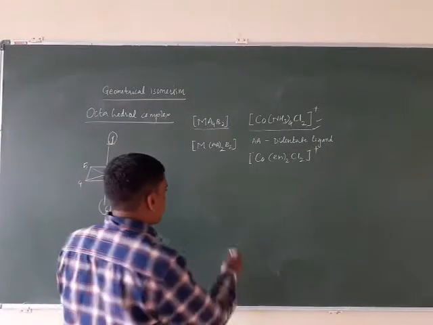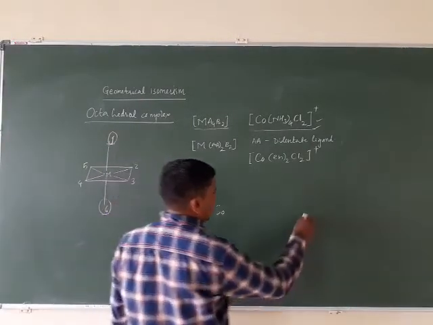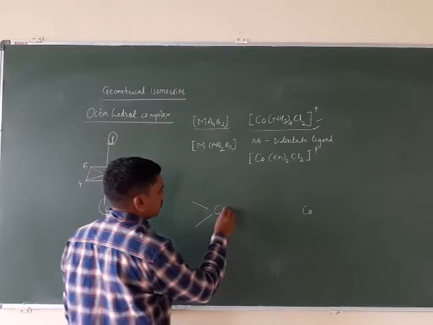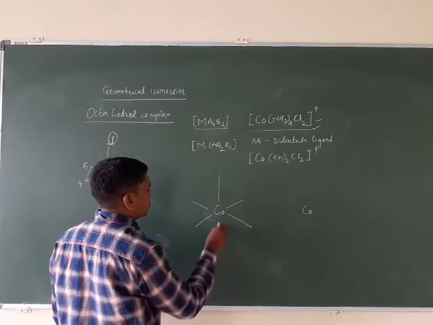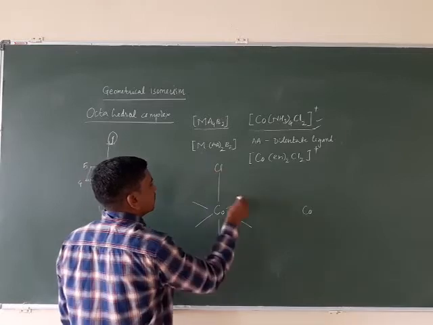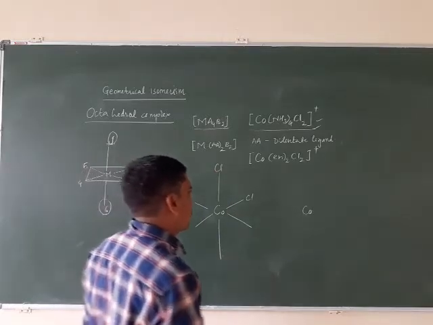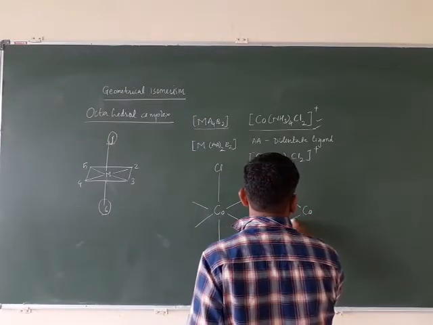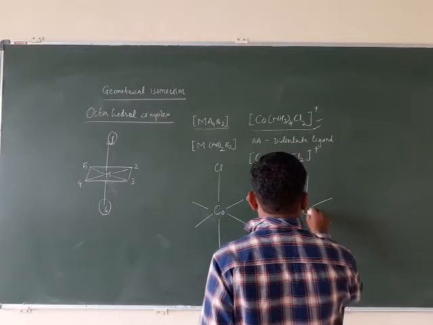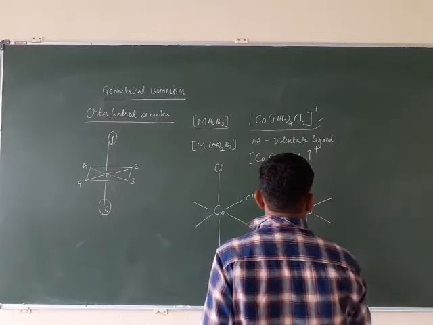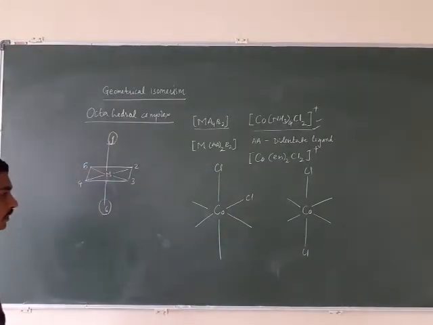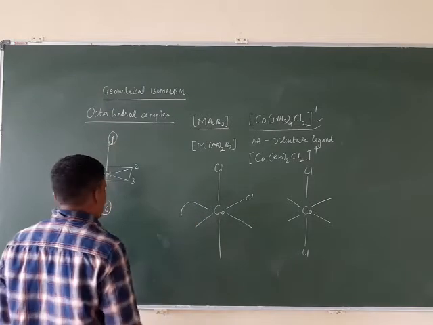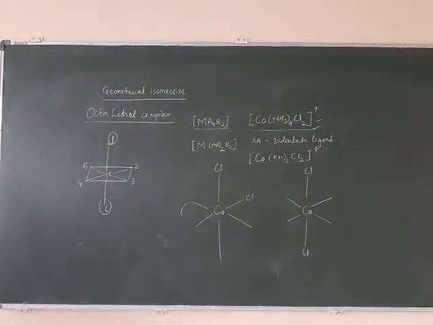Now we will draw the structure for geometrical isomers, cis and trans isomers. So Cl will be at adjacent positions, and Cl will be at opposite positions.